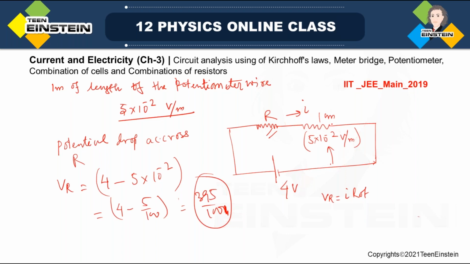Here you know this is 1R, and this is having 5 ohm resistance. So here I we have to find out, I is VR by R total. And what is this R total?